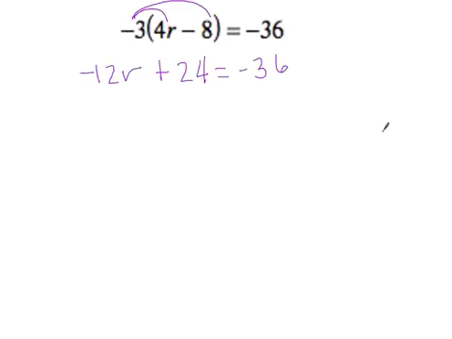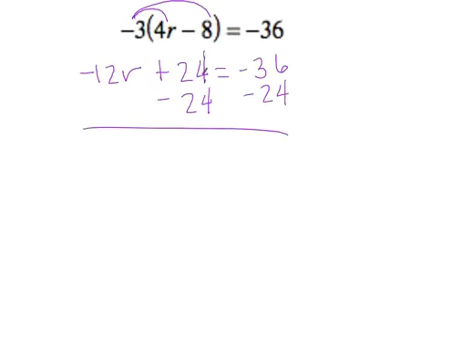My second step is to get all my constants to one side and all my variables to the other. So I'm going to take this positive 24 and either circle and jump it to the other side or subtract it from both sides, but either way I should get the same thing.